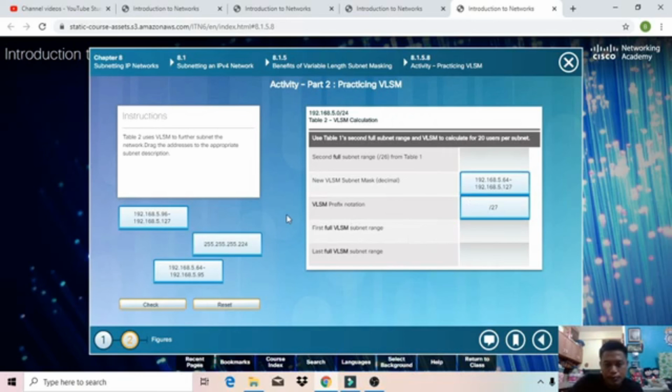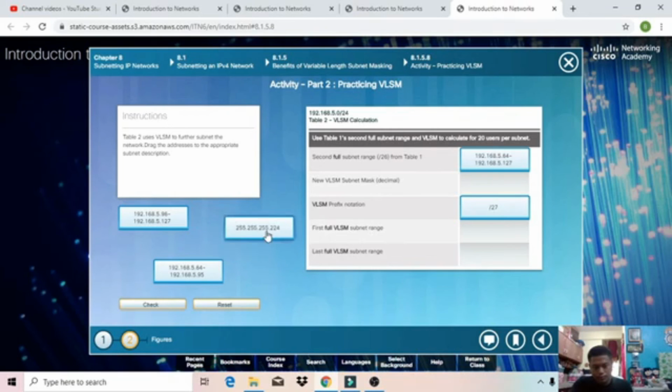So here is the new VLSM subnet mask decimal. So this is the subnet mask decimal. This activity in chapter 8 is very challenging for me. The fourth is the first full VLSM subnet range.